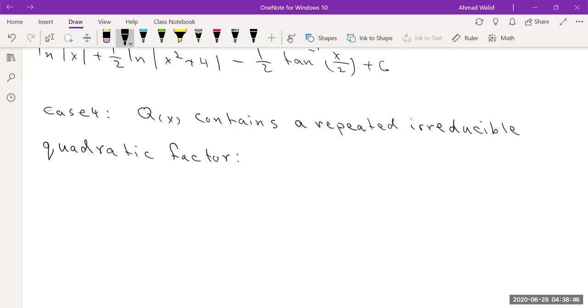Like in case 2, you had a repeated linear factor. Here you have a repeated irreducible quadratic factor.